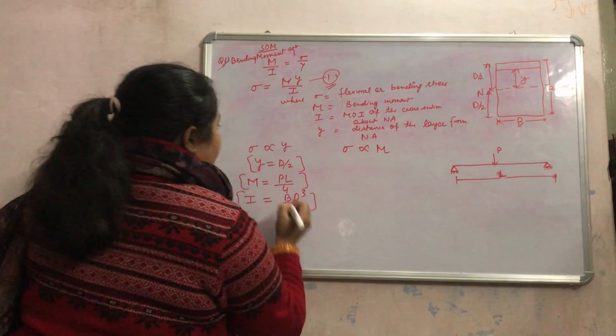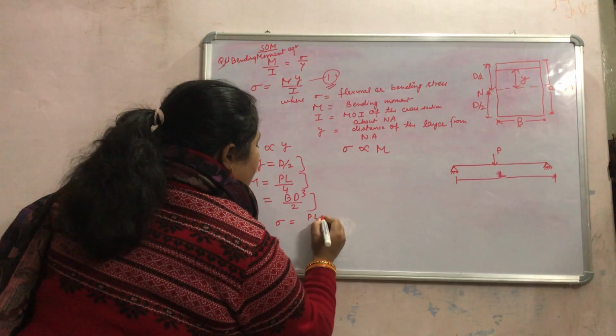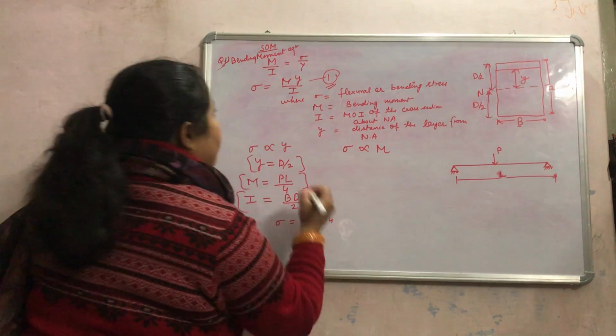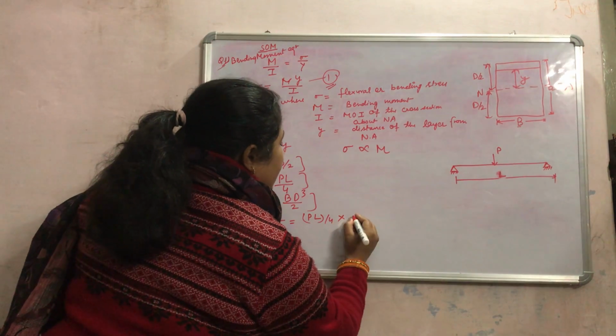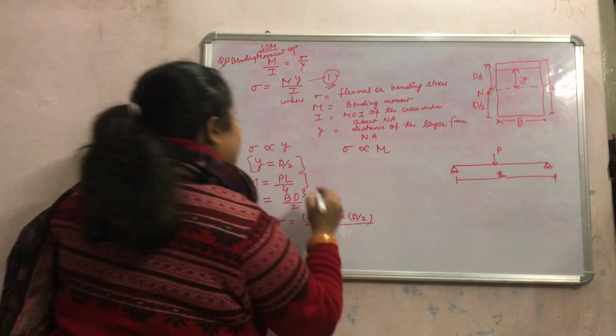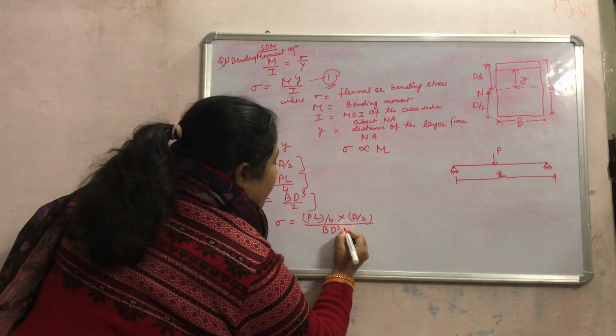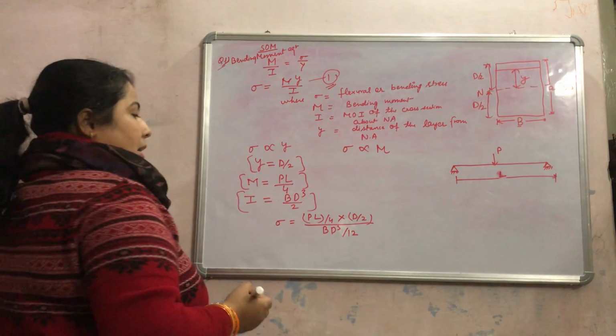Sigma equal to M, value of M is PL upon 4, y into D by 2, divided by I equal to BD cube upon 12.